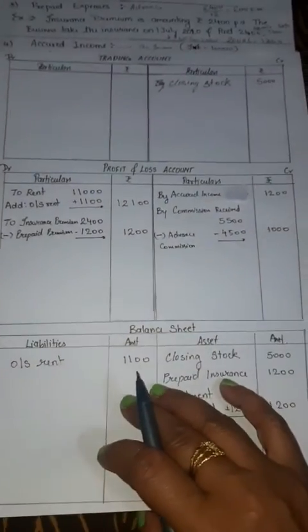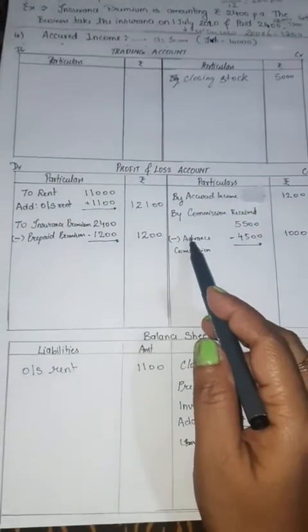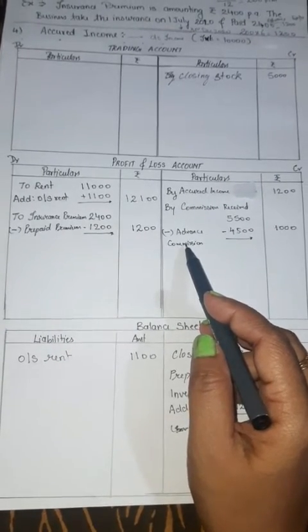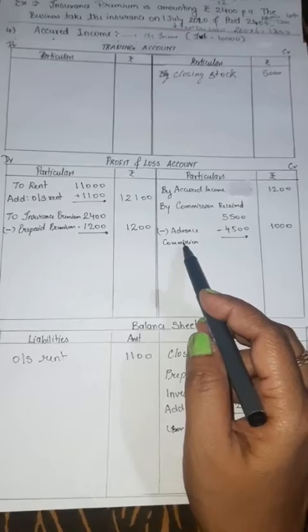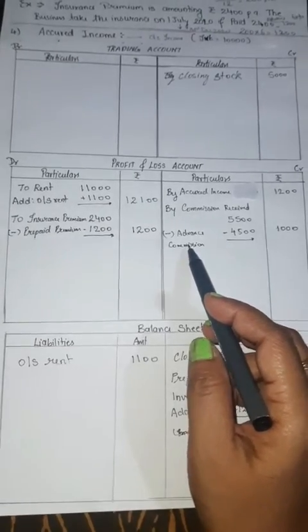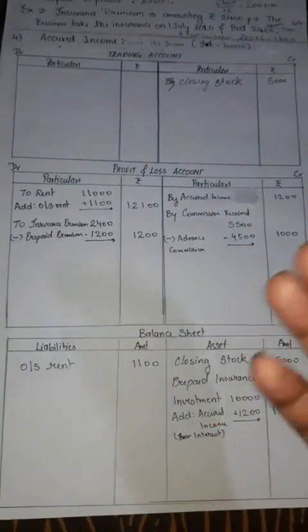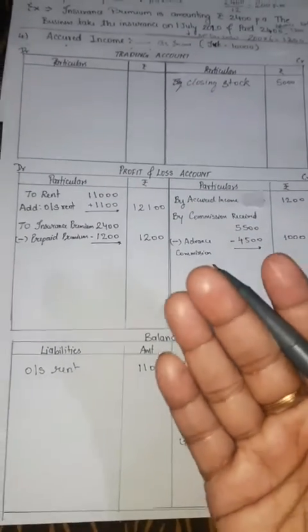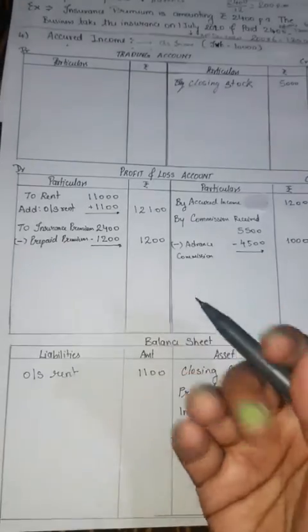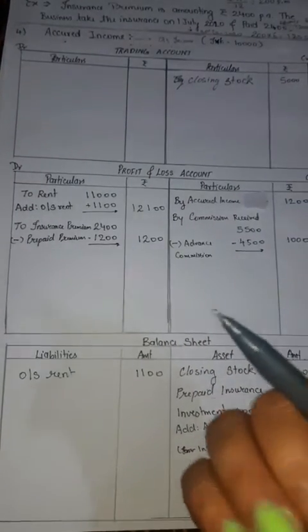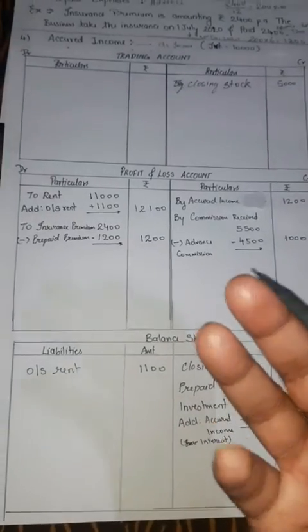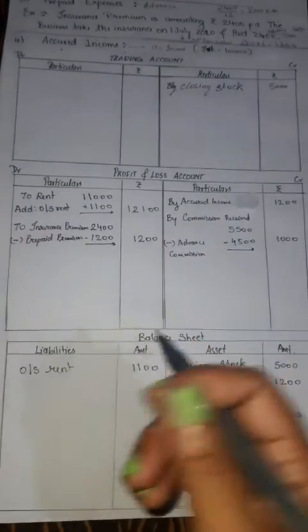Now the second effect of this adjustment is advance commission. As it is a commission or income which we have received as advance, it can be taken back from us at any moment. So it's like a liability for us, because if the people who have paid this commission are asking for that advance, we are liable to pay that amount.